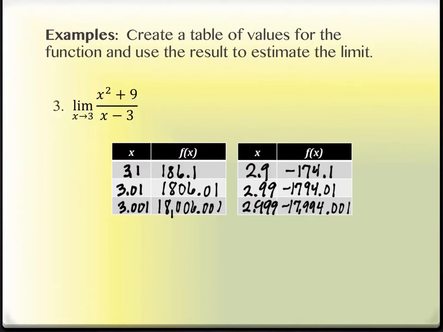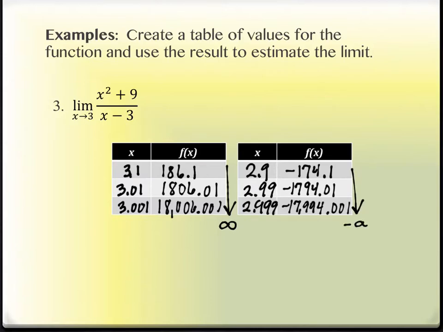So if we go down the first table, the one with 3.1, 3.01, and 3.001, what's happening to those y values? They're increasing, like tenfold every time. It's almost like you multiplied by 10 or thereabouts to get the next value. And that's going to keep happening, so this is going to infinity. It's getting infinitely large. But what's happening on the other side?